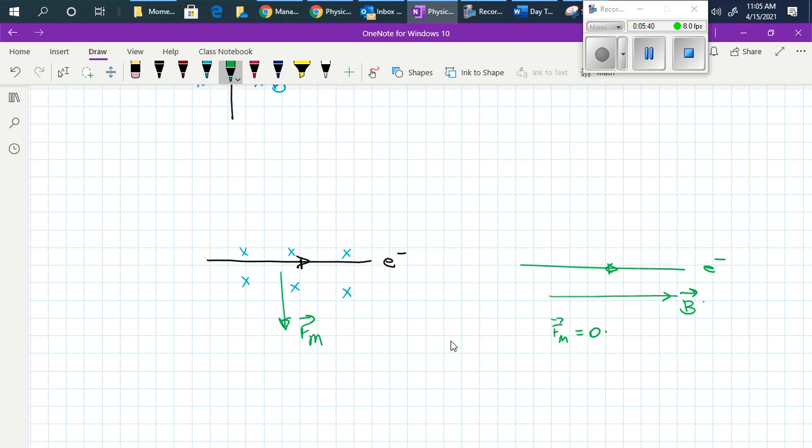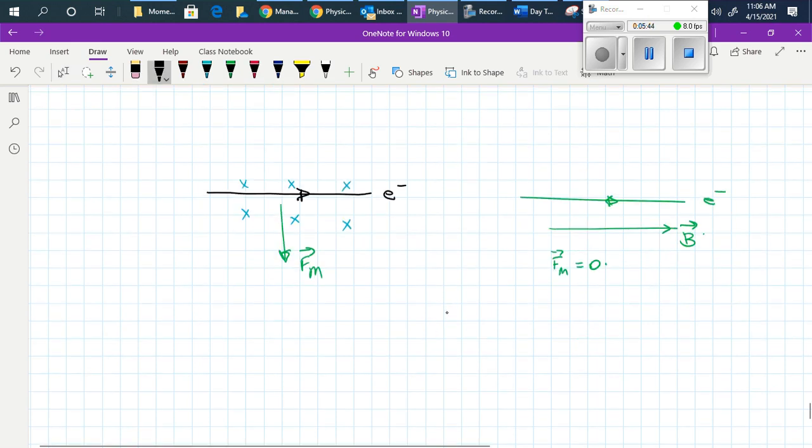Okay, the formula that calculates the magnetic force is QVB. So it's a charge moving into an external magnetic field.